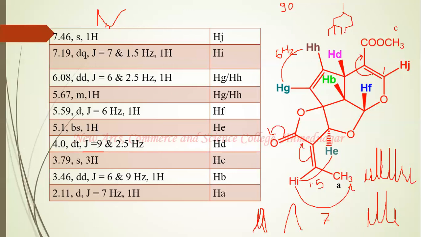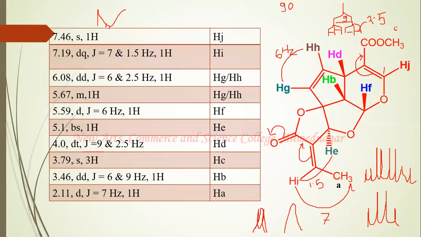So you get a doublet of a triplet. This will be 9 Hertz coupling constant value, and all these values will be 2.5 Hertz. So this is how the D proton gets split into a doublet of a triplet.